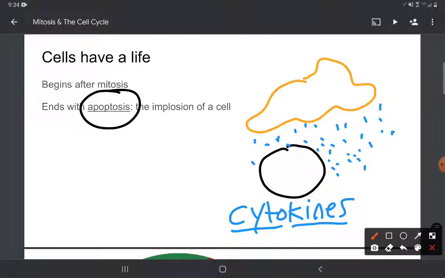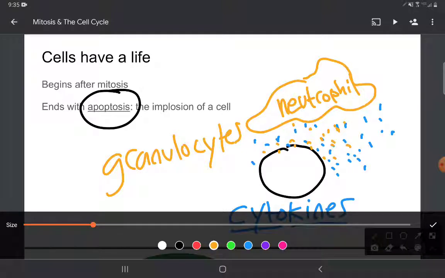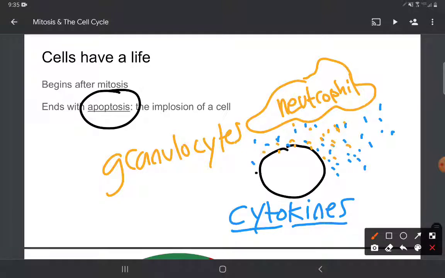This white blood cell, usually a neutrophil, releases what are called granulocytes. Granulocytes are enzymes which puncture a hole in our dying cells that make it rupture.